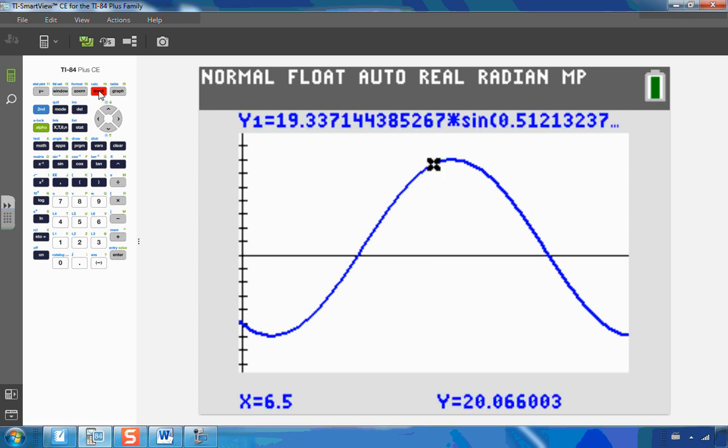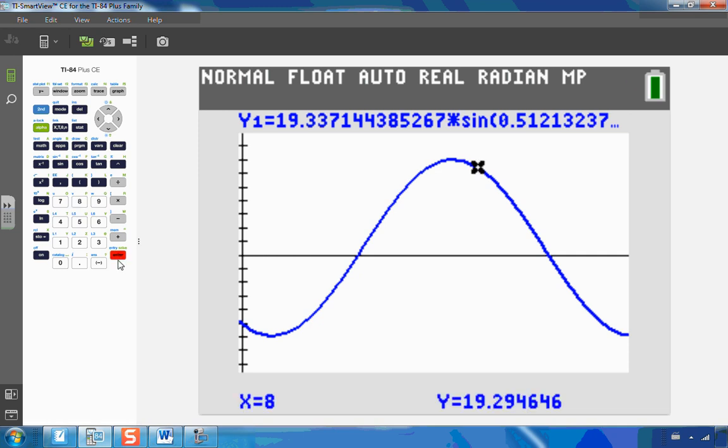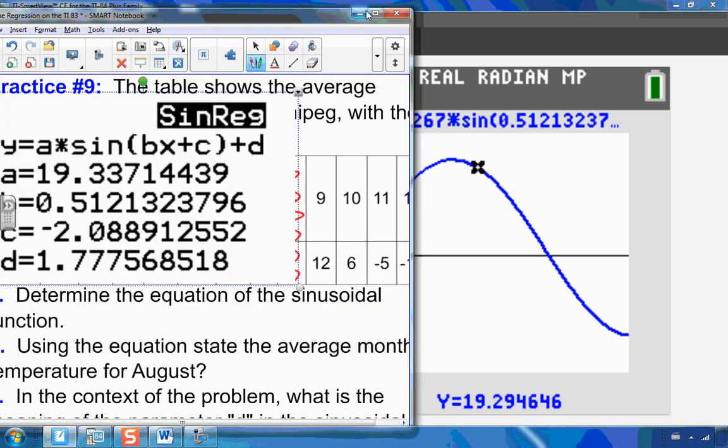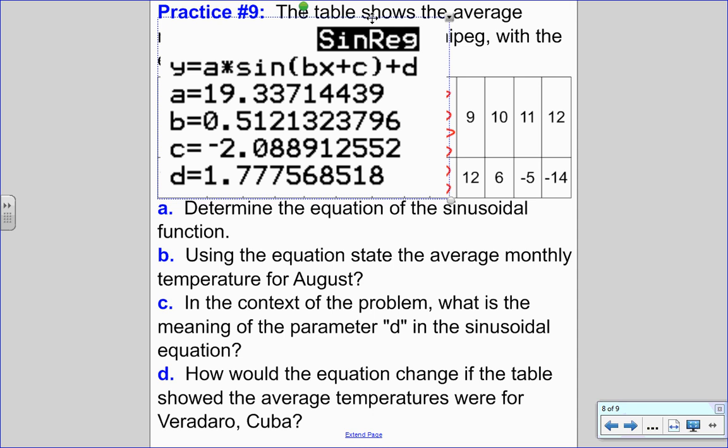So I'm going to go trace and enter in 8, press enter, and that will give me the temperature for August. So we'll call it 19 degrees because all the other numbers were to the nearest whole. So 19 degrees. So let's go back over here and look at our question. So the average monthly temperature, before I forget that, for August, 19 degrees Celsius.